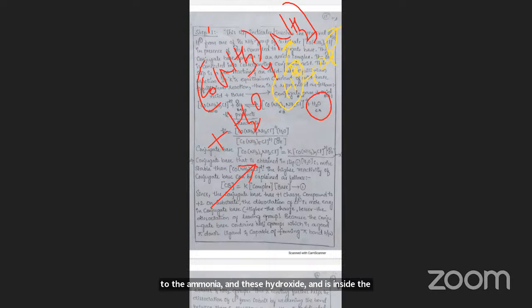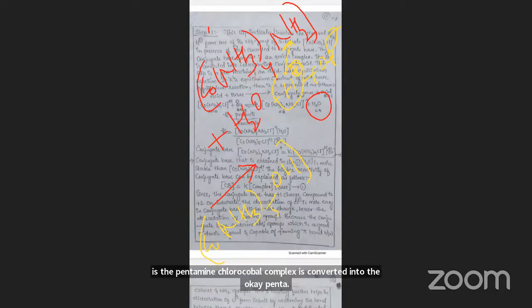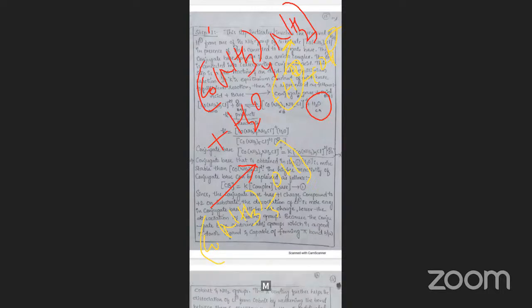Okay, what is the product obtained here? Co(NH3)5OH, the substitution of Cl by hydroxide ion. What is the first step? The pentaamminechlorocobalt complex is converted into the pentaamminehydroxo complex.